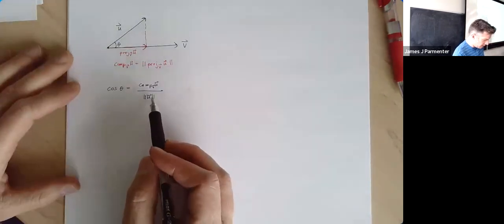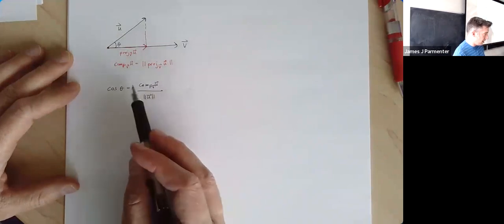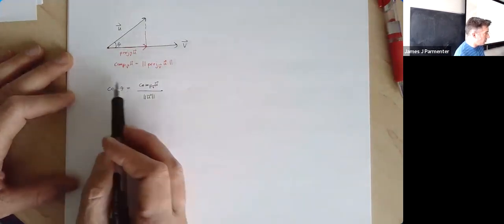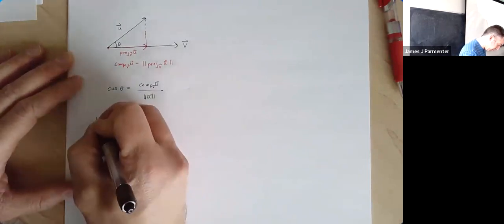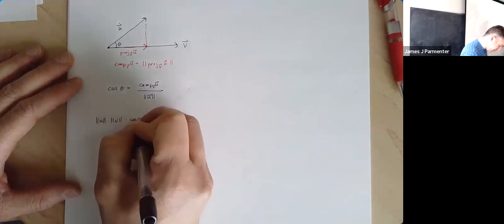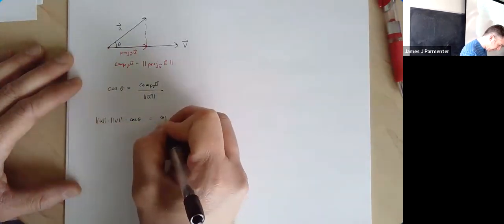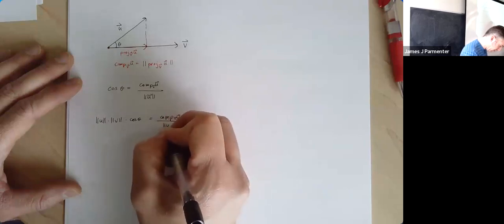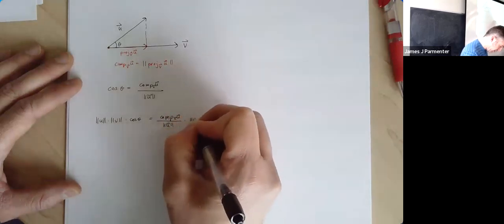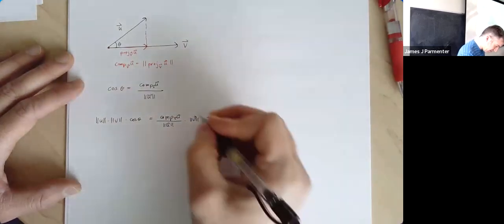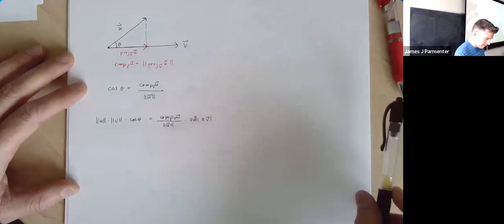So I'm going to multiply both sides by the magnitude of u and the magnitude of v. I want the magnitude of u times the magnitude of v to show up over here. So I get magnitude of u times magnitude of v times cosine theta equal to the component of u onto v divided by the magnitude of u, times the magnitude of u times the magnitude of v. I don't know who chose u and v. Bad choice, because they look kind of the same.